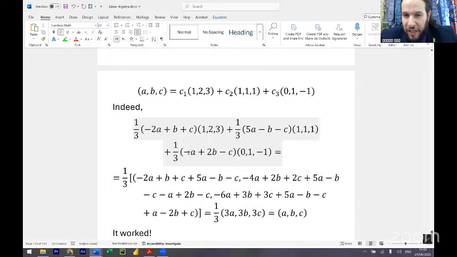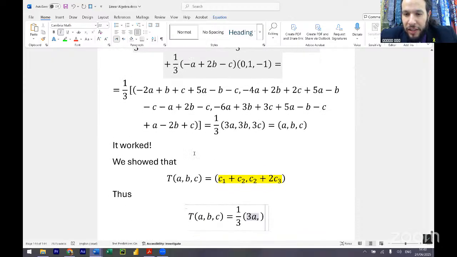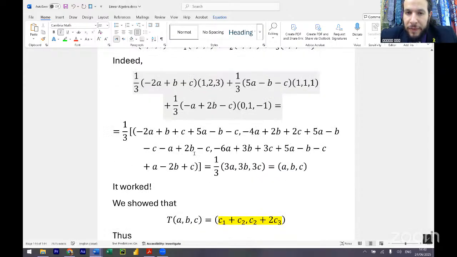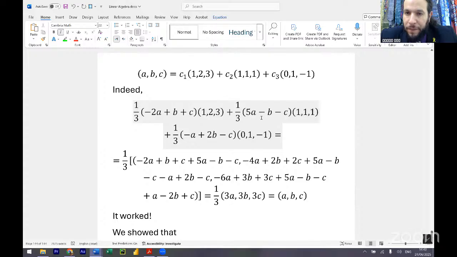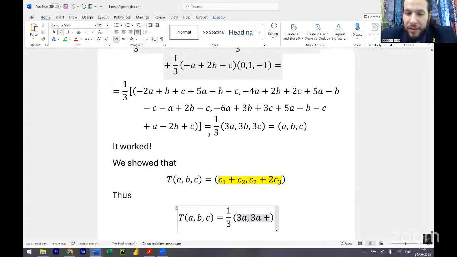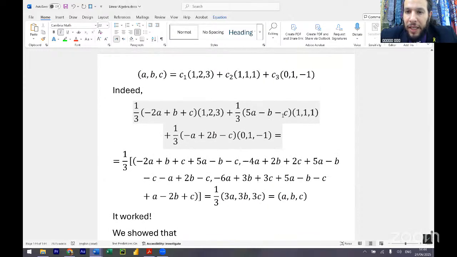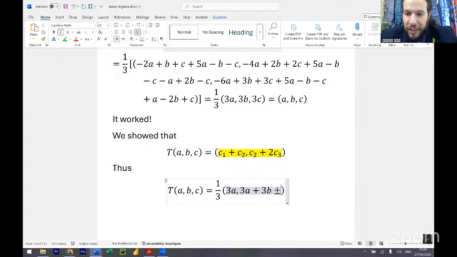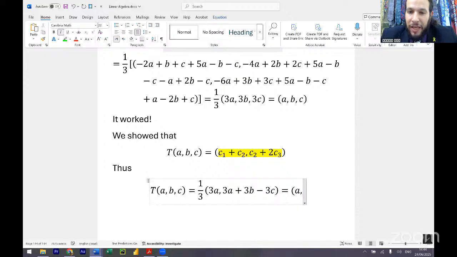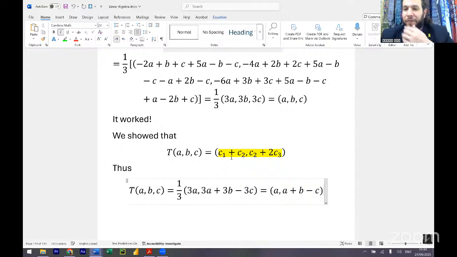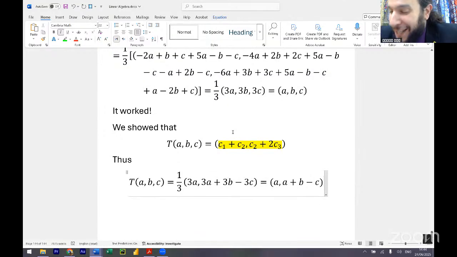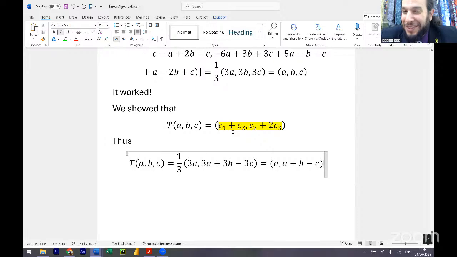So it's 5A minus 2A, that's 3A, plus minus B plus 4, that's plus 3B, and lastly, minus C plus 2 times, it's minus 2C, 3C, sorry, which is A, comma, A plus B minus C. So the final formula seems not that horrible.